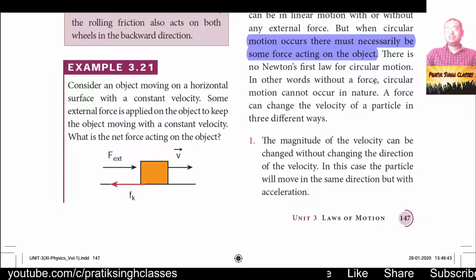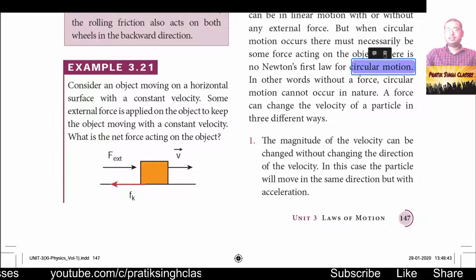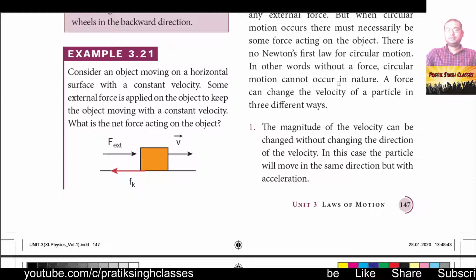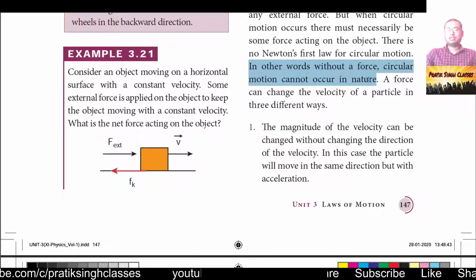There must be a net force acting on the object so that it changes its path at every instant. There is no Newton's first law for circular motion. Please keep in mind, Newton's first law is invalid in circular motion. In other words, without a force, circular motion cannot occur in nature.